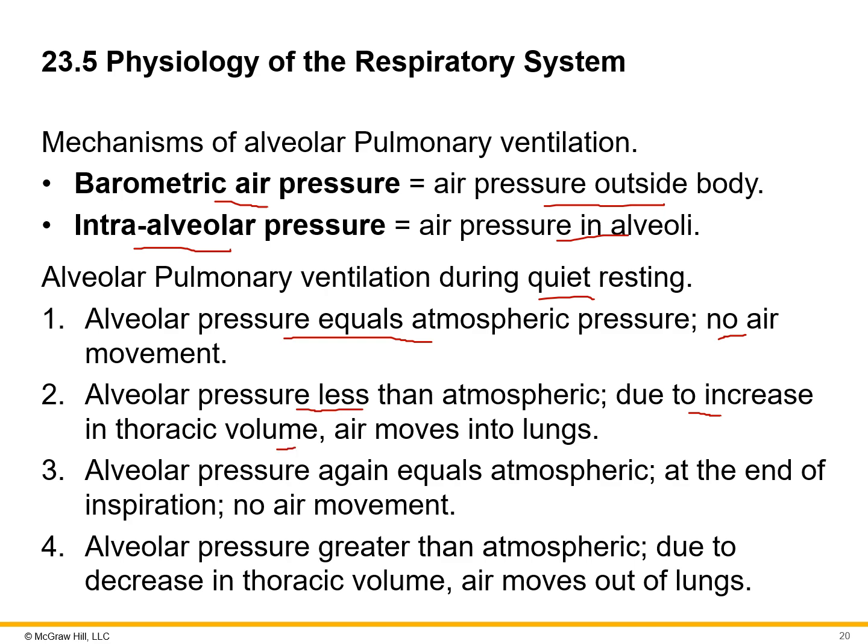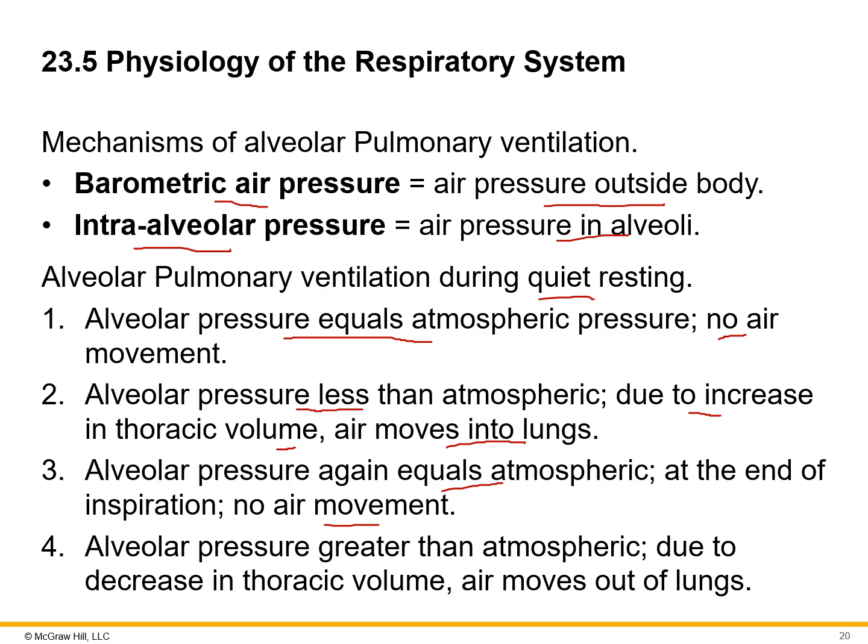Back to Boyle's law, the volume increases, the pressure decreases. So now air moves into the lungs because the barometric pressure is higher than the intra-alveolar. It's coming into the alveoli. Then it reaches equilibrium and becomes equal to atmospheric again at the end, so air movement stops.